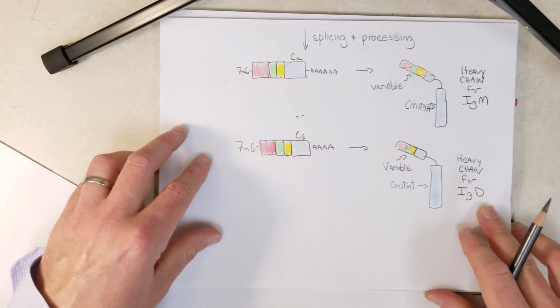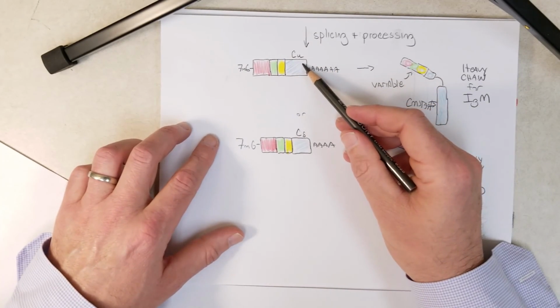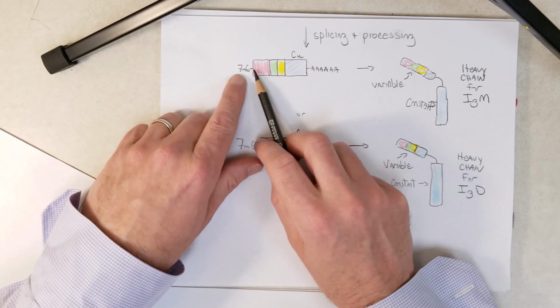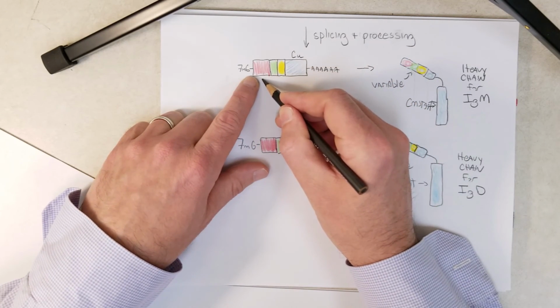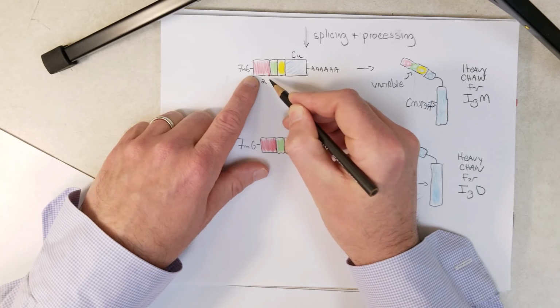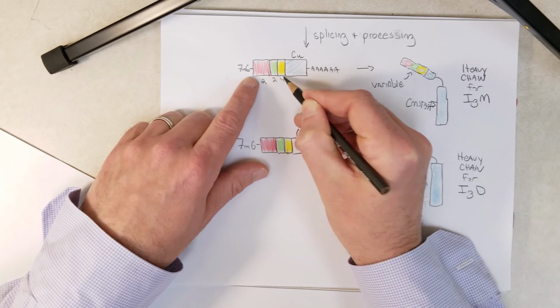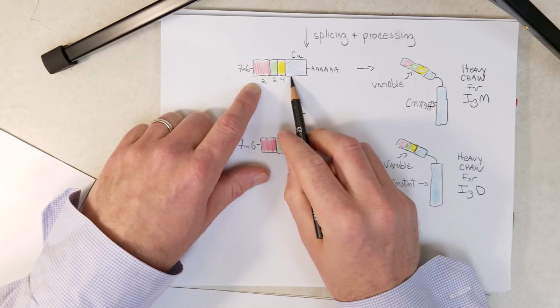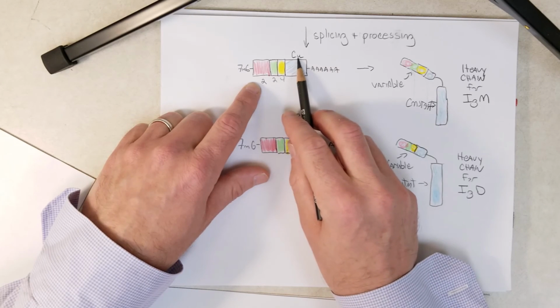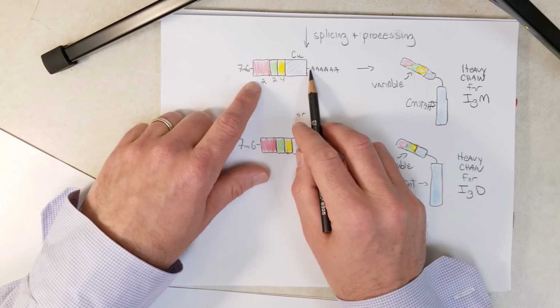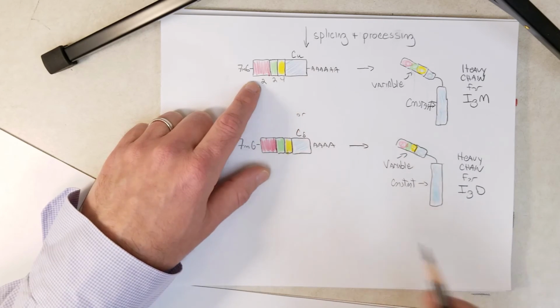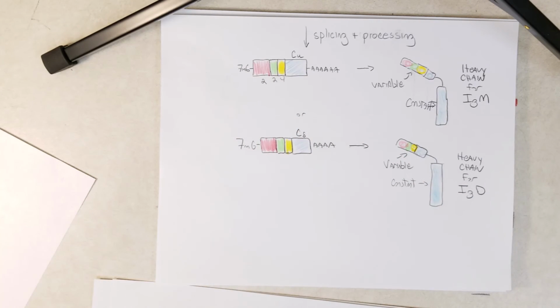So we can end up with 2 different messenger RNAs. Here we have, what were the numbers here? This one was number 2, this one was 2, this one was 4. And now we removed everything between 4 and C mu right here. And we have a poly A tail. Oops, I messed that up, didn't I?